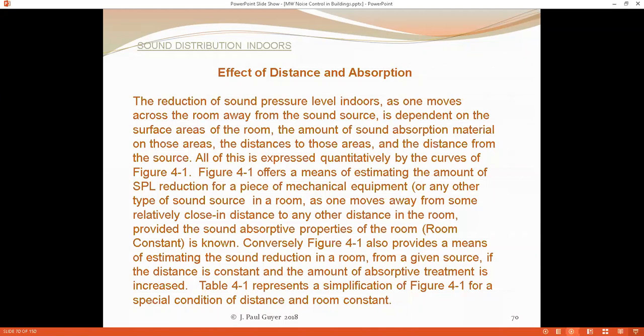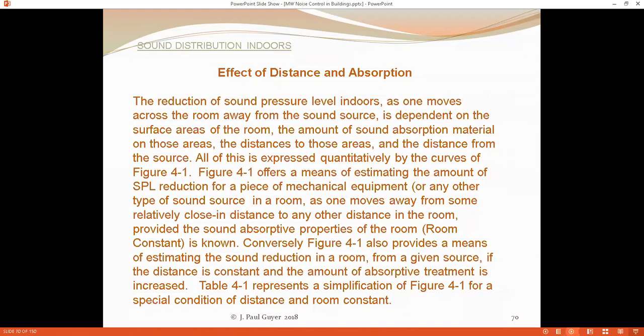But if it's several blocks away and the car horn honks, you hardly even notice it. So there is a reduction due to distance, a loss of acoustic energy just due to the distance effect.